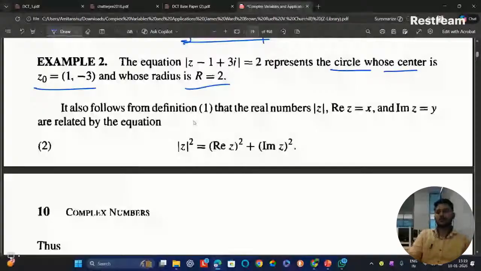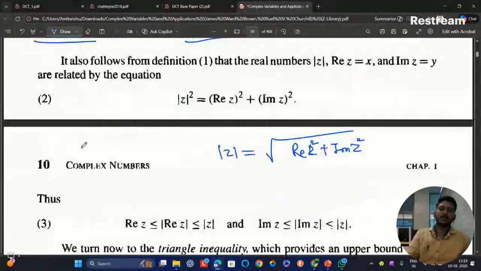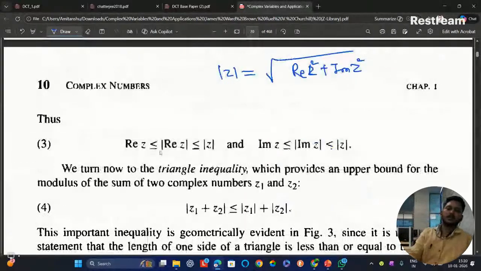This definition says that when you take the modulus, it gives you the square of the real part and the imaginary part, and you take the square root of the real part of z squared plus the imaginary part of z squared. Okay, so think of it like this. Here we write the real part, and here the imaginary part of z.